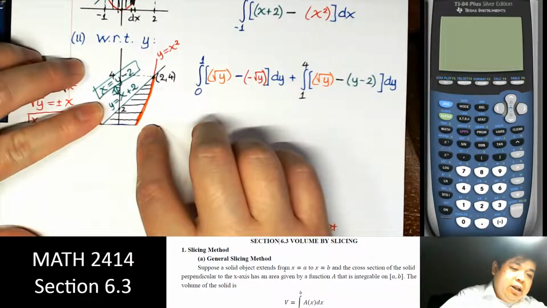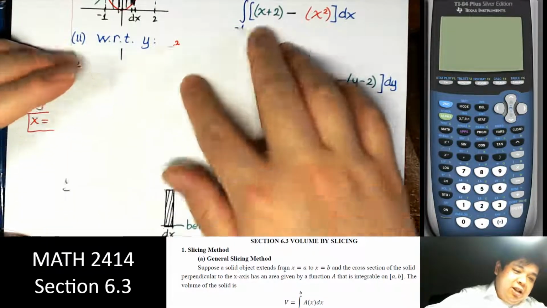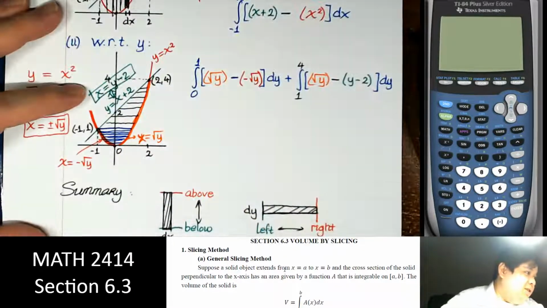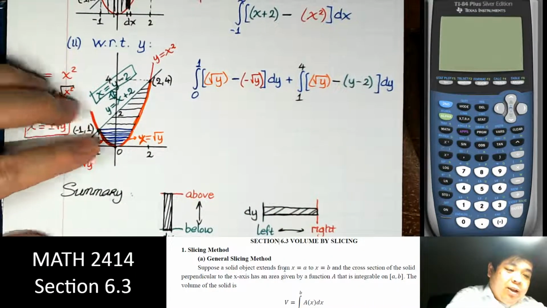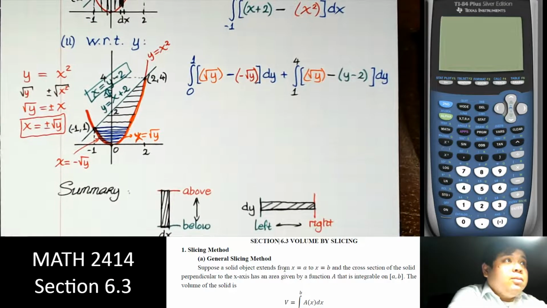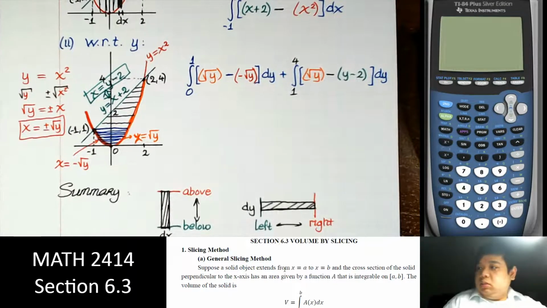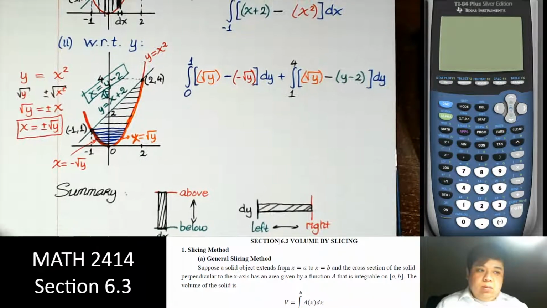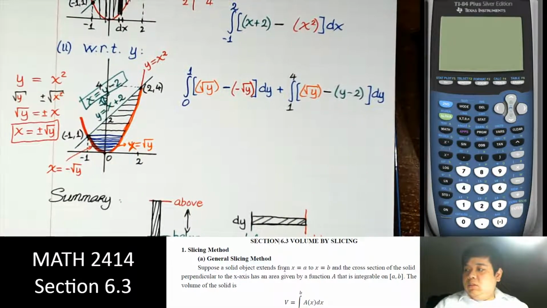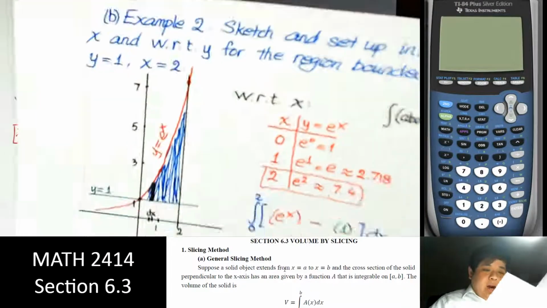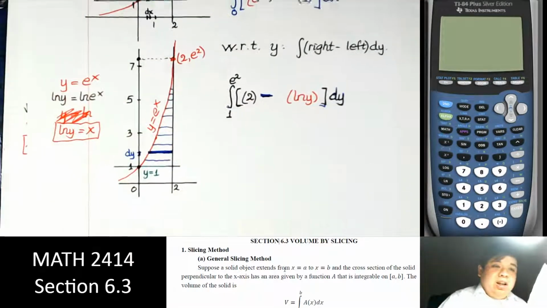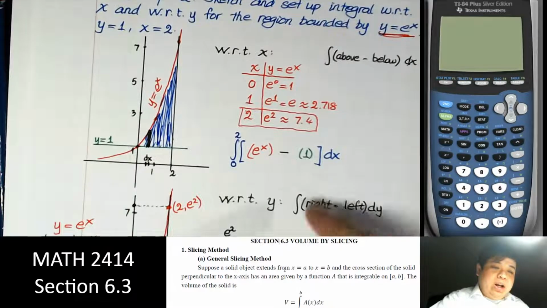So it will be left and right, left and right. In the previous example, we don't have to do that because we have one boundary on each side, so we only need one integral.